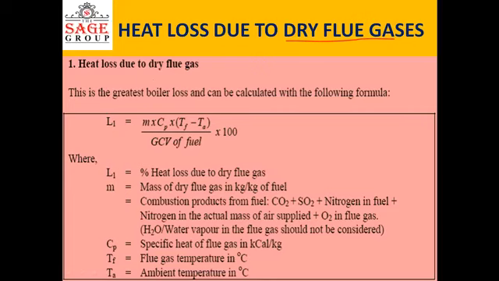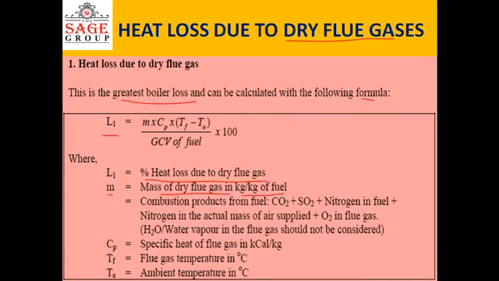This is the greatest loss in the boiler and can be calculated with the following formula: L1 is equal to M into Cp into (Tf minus Ta) upon GCV of fuel, into 100. L1 is given in percentage because we are multiplying by 100, so L1 is the percentage heat loss due to dry flue gas. M is the mass of dry flue gas in kg per kg of fuel, which is equal to... so how will we calculate or take the mass M?